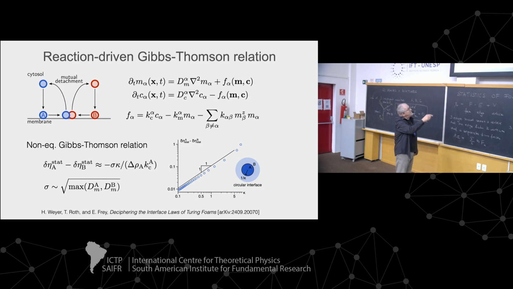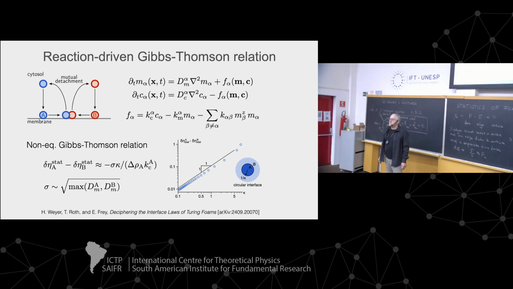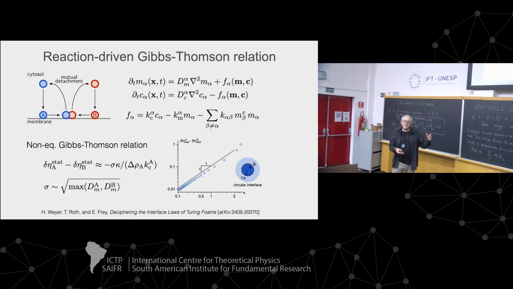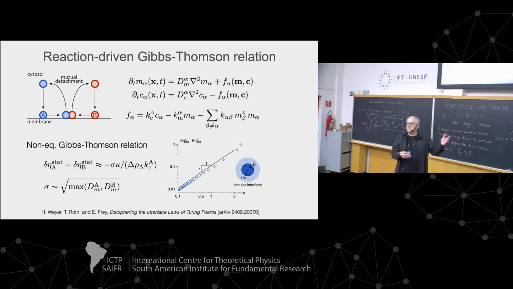The object on the left-hand side is our good old friend that we have seen for a while now. It's the mass redistribution potential. And indeed, this again plays the role analogous to the chemical potential, because it's the left-hand side of our non-equilibrium Gibbs-Thompson relation.